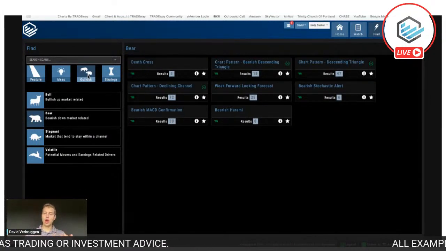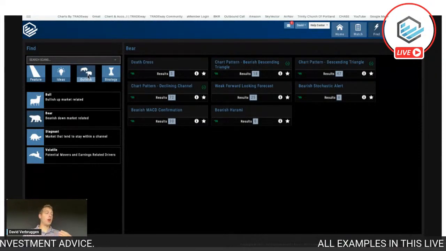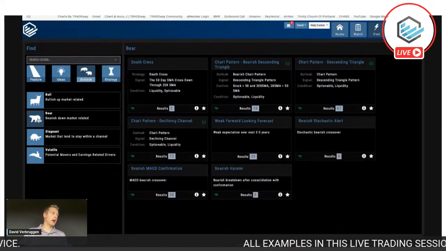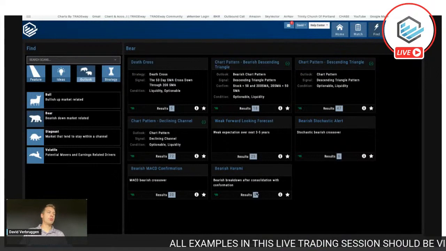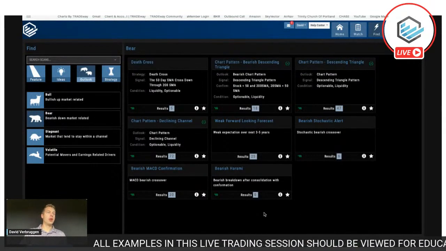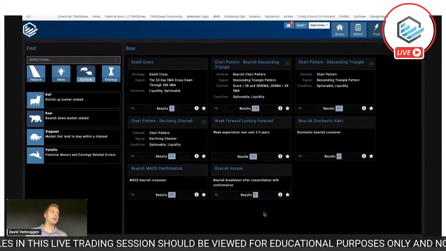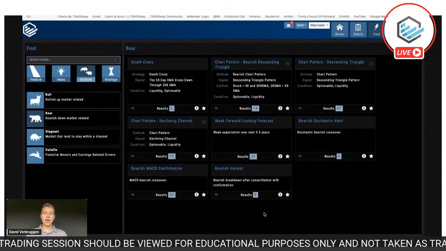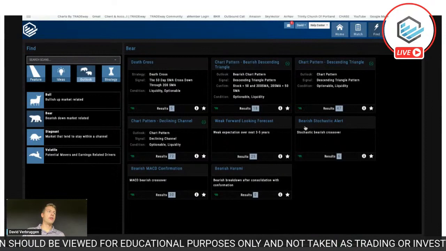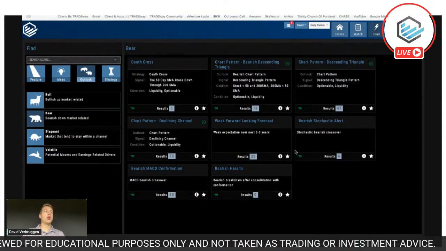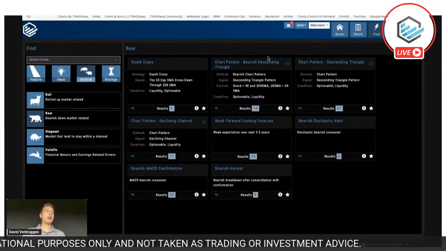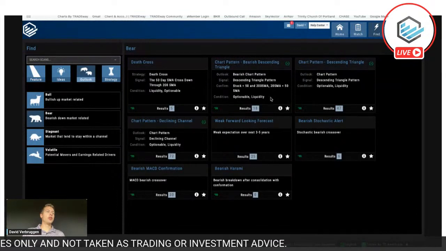And as we just talked about, the market is looking more bearish than anything right now. So I'm going to click on bearish, and it's going to bring up all these different scans. Again, even just within the bearish outlook, we've got 8 different types of scans in here. And you can look at all these. I mean, if you're curious as to, okay, what is a chart pattern bearish descending triangle?